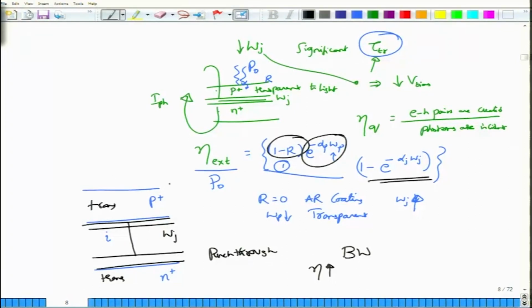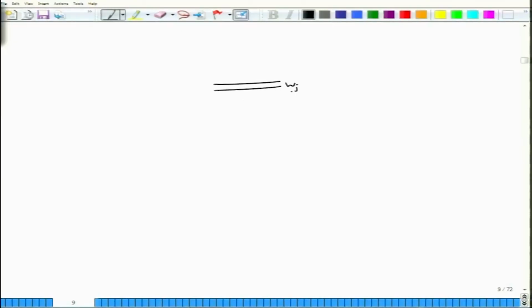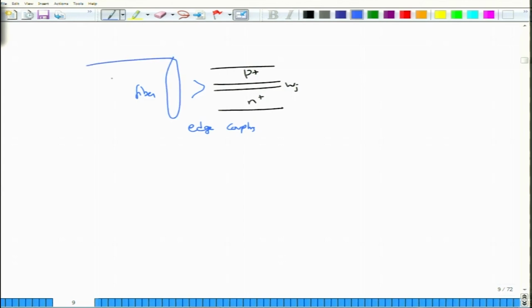There are different structures especially for high speed. So, if you do not care about too much photo current being generated, then you can reduce Wj, but have these transparent regions P plus and N plus as before, and instead of coupling light from the top, you couple light from the side. This is called edge coupling, and you realize that if this is coming from a fiber, the fiber core area is usually much larger compared to the photodetector size.